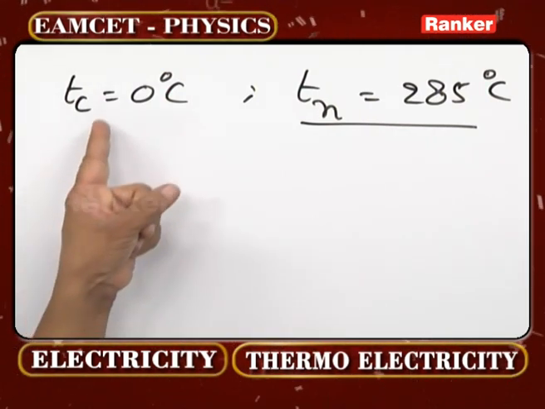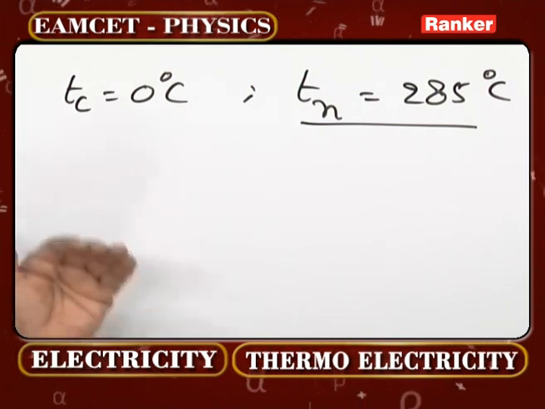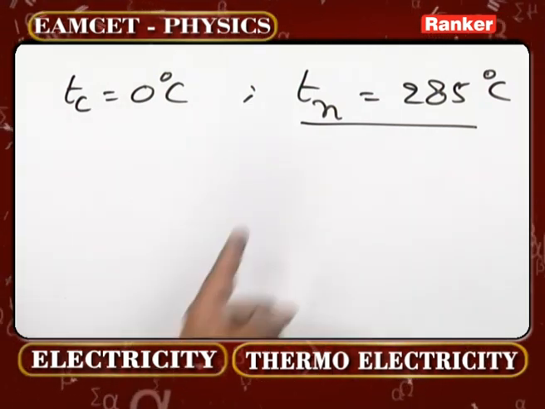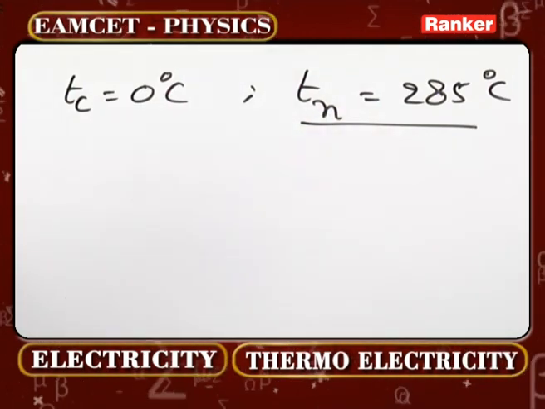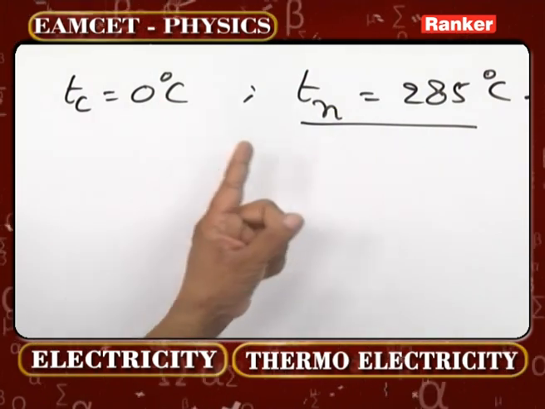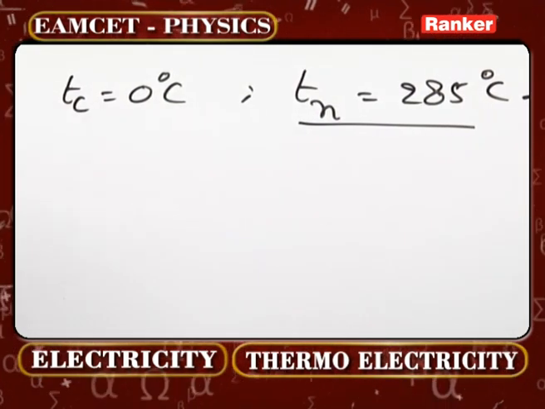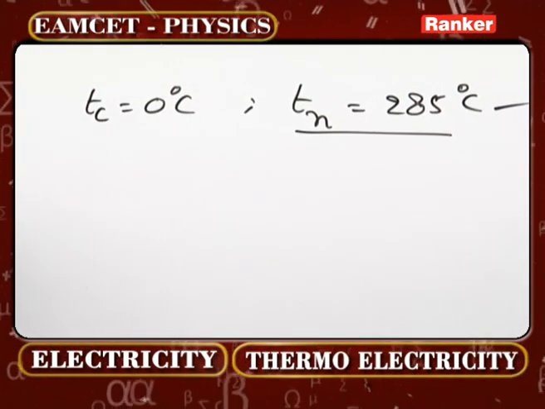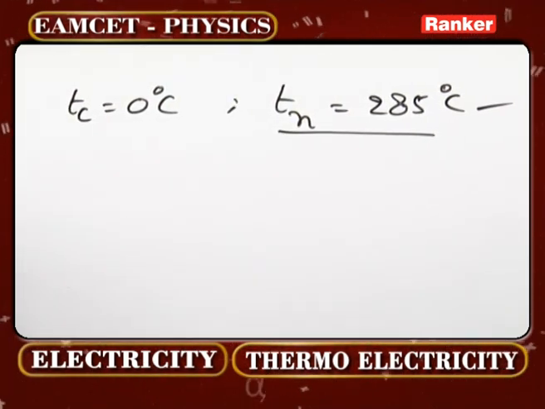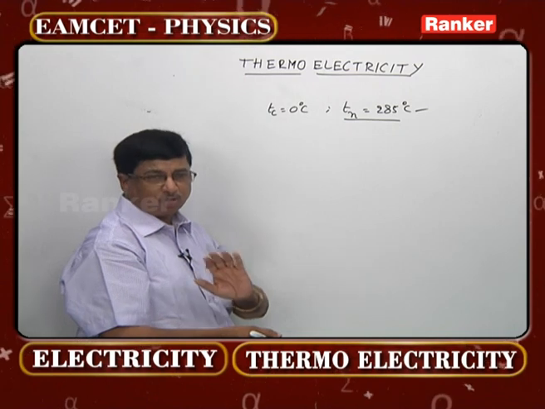Whether cold junction is at 0 degrees or at 10 degrees or 20 degrees, whatever be the temperature of cold junction, this value will not be varied. So your answer for neutral temperature should be 285 only. Remember that point first of all. In fact, with that option you can identify the right option in the problem. What is that? Third option is the correct one, no doubt about it.